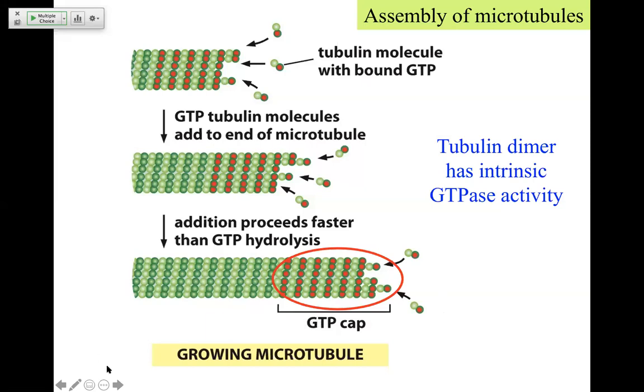But if the environment changes, under certain conditions, there's our GDP tubulin in green, and red is GTP bound. So GTP bound have high affinity for other tubulin heterodimers. GDP does not. Well, what kind of effect does that have?